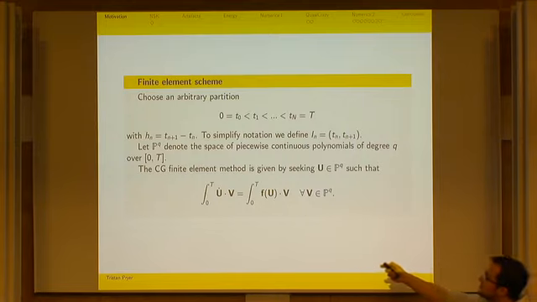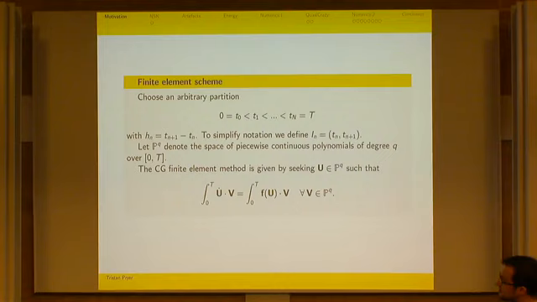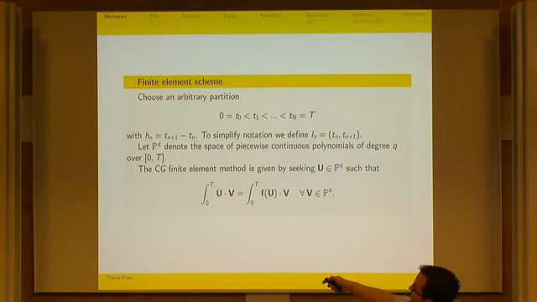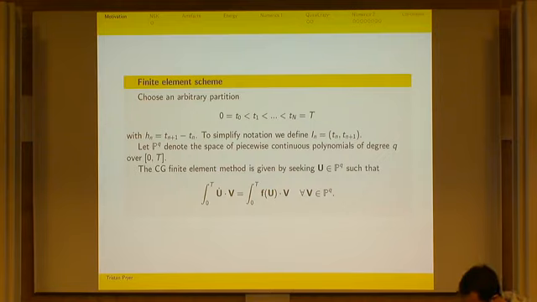Maybe it's a good idea to look in continuous piecewise polynomials of degree q, say, linears, quadratics, whatever you like, and then you restrict the strong form of your problem onto this polynomial space. So that's basically the idea of the finite element method in time.